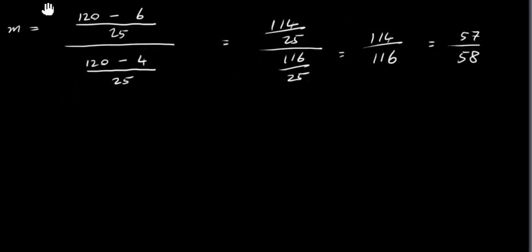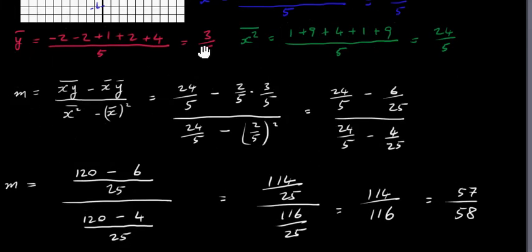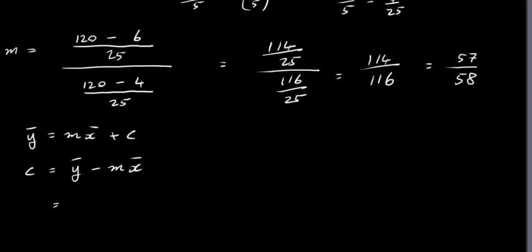So we have y bar is equal to mx bar plus c. Let me rearrange that to give me c is equal to y bar minus mx bar. So let's stick in our values here. The mean of the y's is 3/5, so we put that in here.